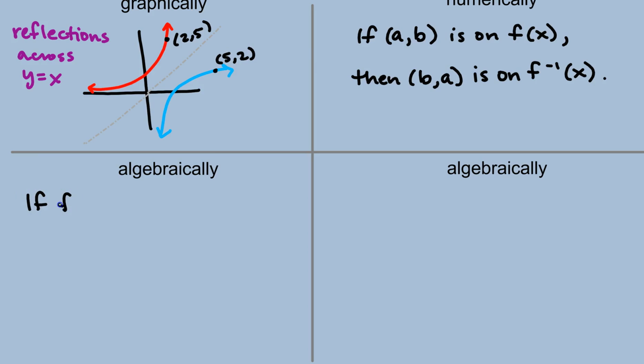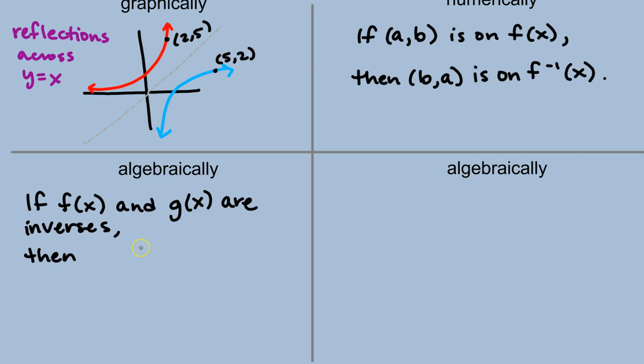So if f of x and g of x are inverses, if you compose them, so function composition, f of g, g of f, then the inverse operations are going to cancel. So f of g of x is just going to be x, and g of f of x is just going to be x.